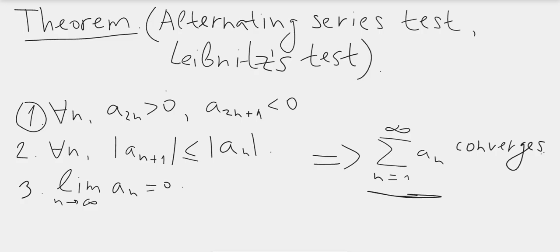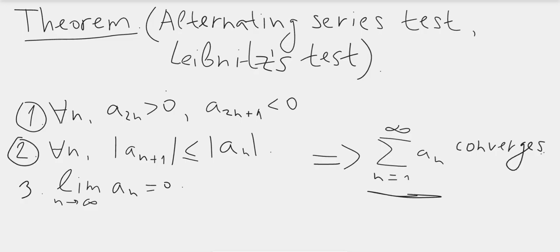It can be vice versa, but it's enough to consider only one case, because we can multiply the whole series by -1 and it reduces to the other case. Then we have the condition that the absolute values of the terms are monotonically decreasing.